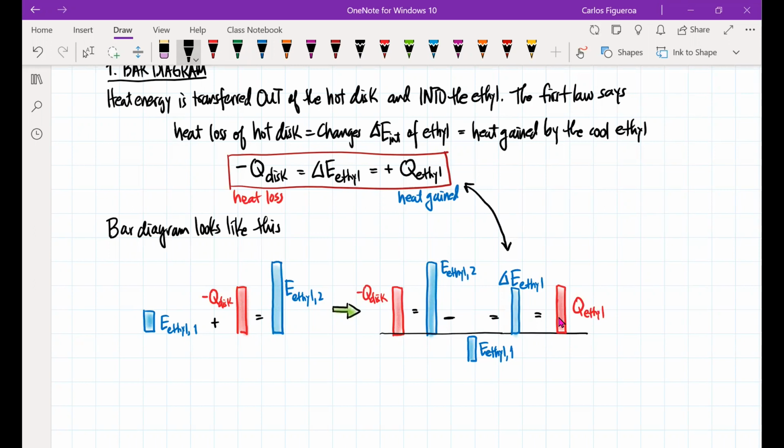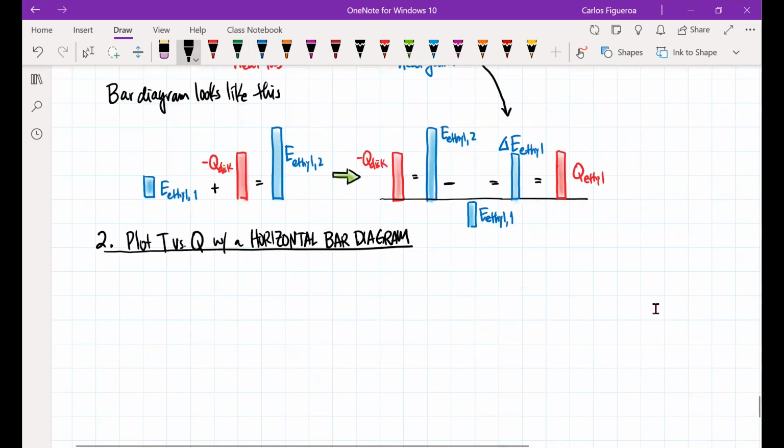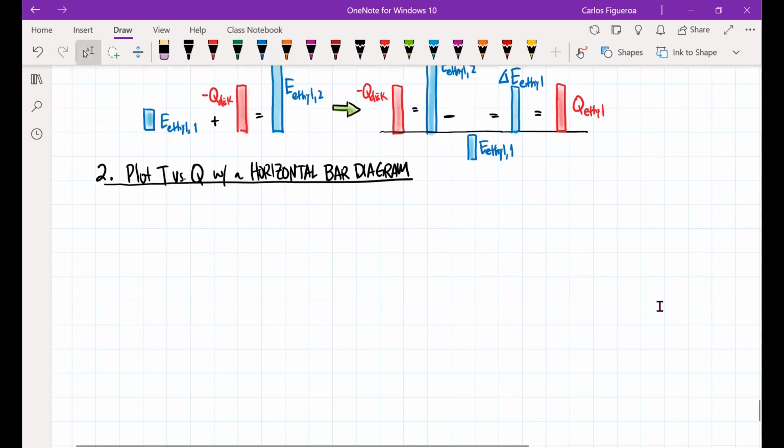So now the next thing that I want to do on part 2 here is plot T versus Q with a horizontal bar diagram. So let's go do this.